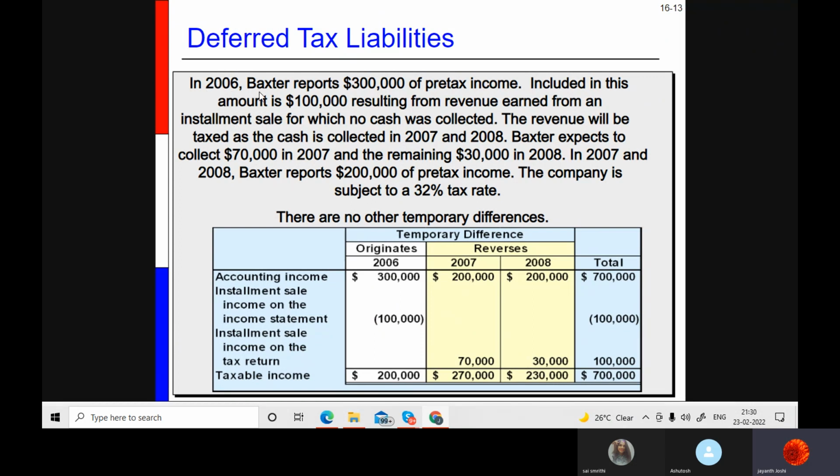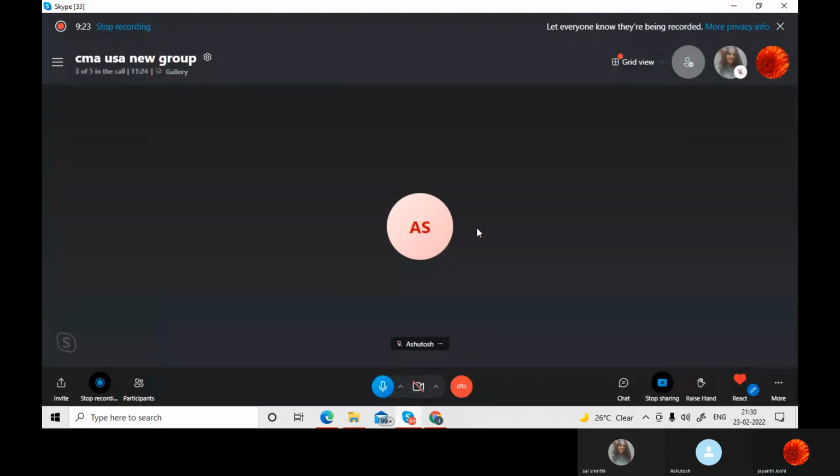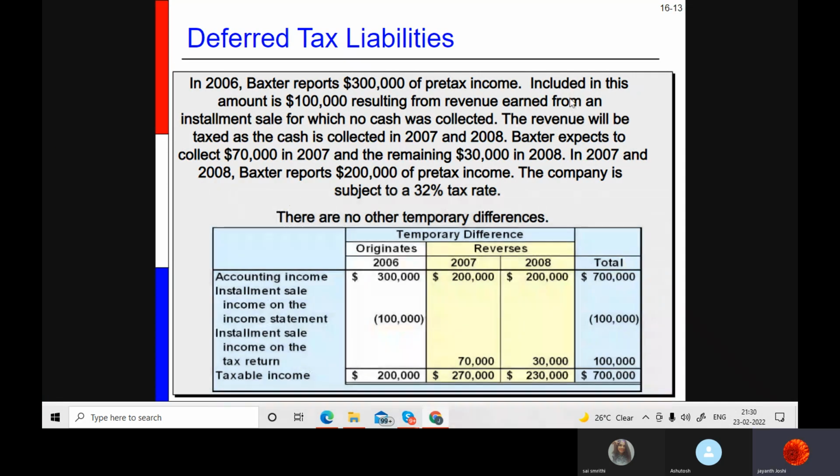So in 2006, Baxter reports 3 lakh of pre-tax income. Included in this amount is 1 lakh resulting from revenue earned from an installment sale, for which no cash was collected.